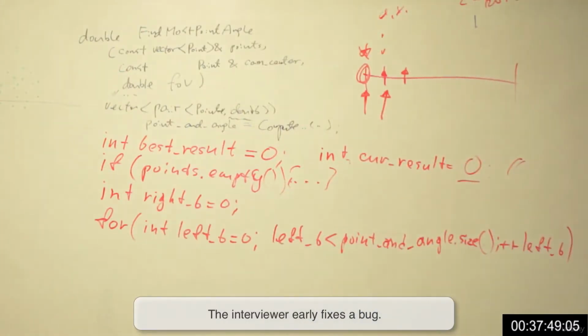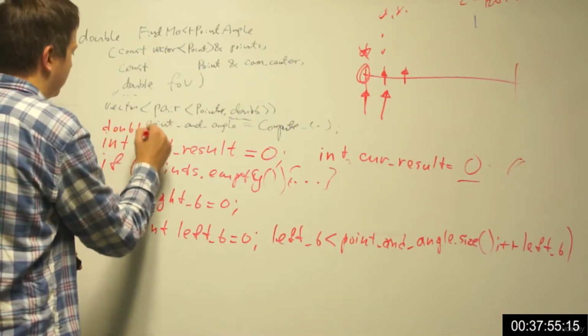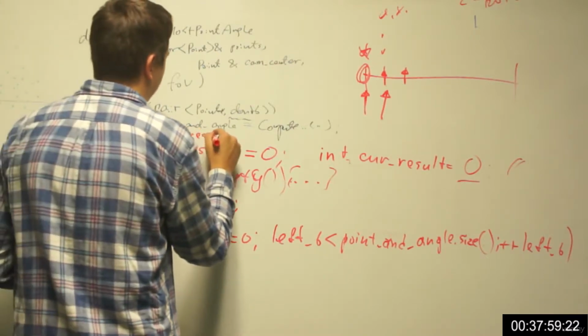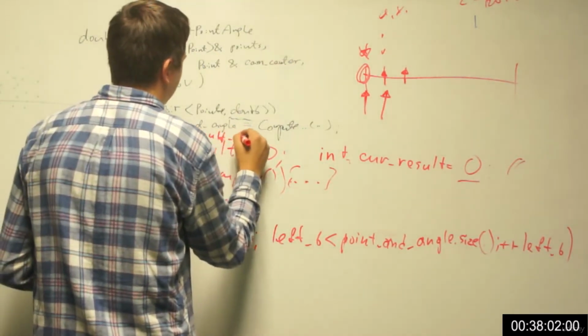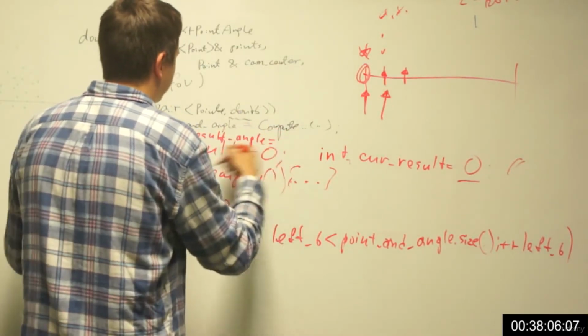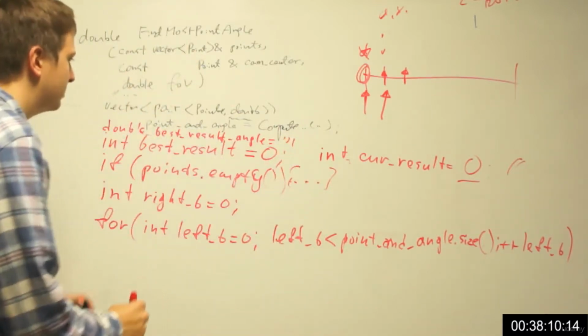It's just the counter. So we also need to maintain a double best result angle, and we will update this angle with this one.